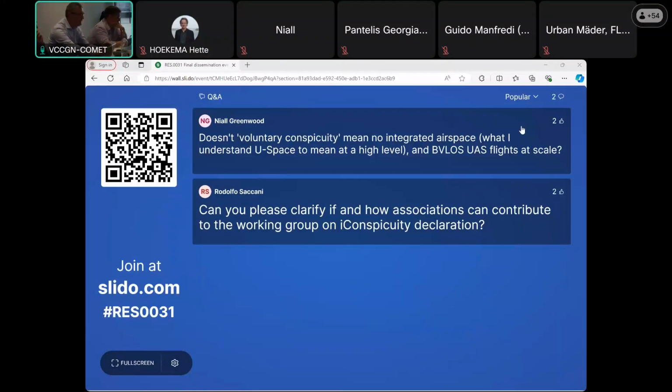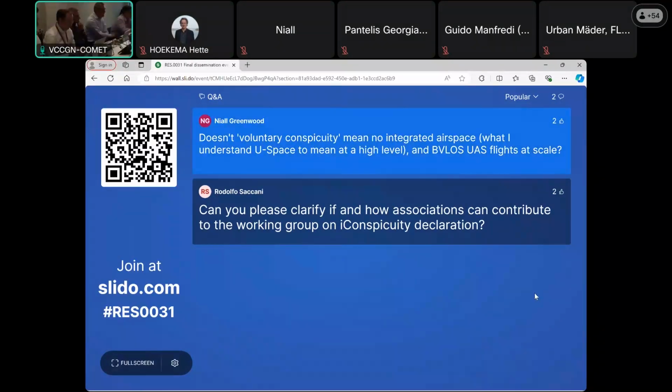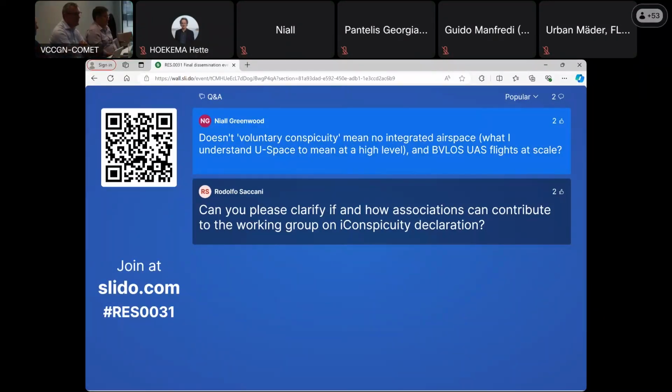Question from Niall. Doesn't voluntary conspicuity mean no integrated airspace? What I understand U-space to mean at high level is BVLOS UAS flights at scale. I don't know what is meant in the question by integrated airspace.